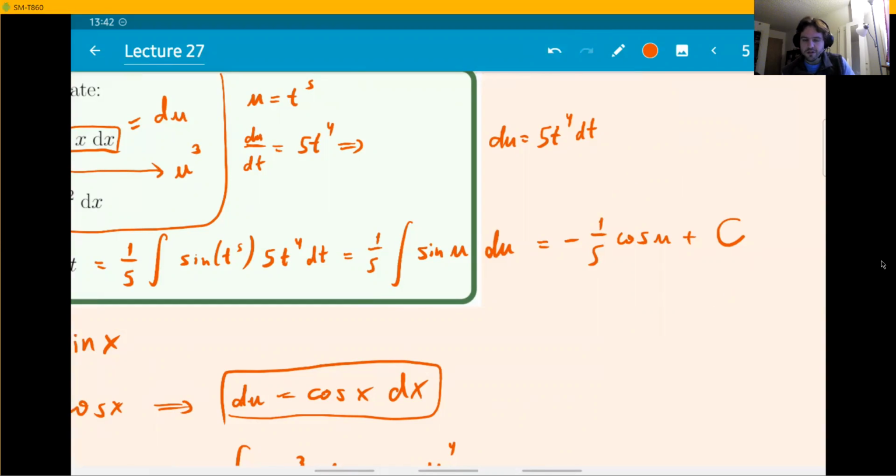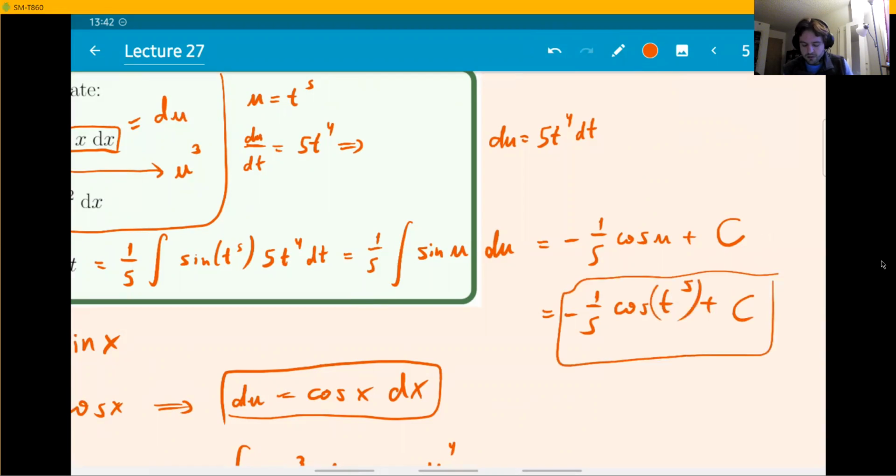Because c is just a constant, if you multiply by 1/5, that is also just a constant. So the plus c can always go in the end like that. That's fine, and it's usually done this way. And the important part is now to replace u with t to the 5. This should be the answer. Once again, try to take a derivative and see that you get the original function.